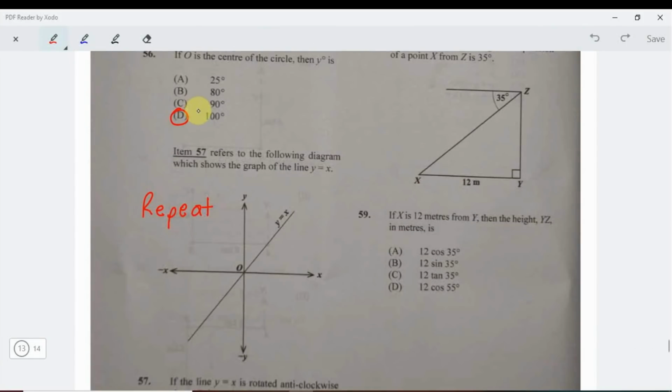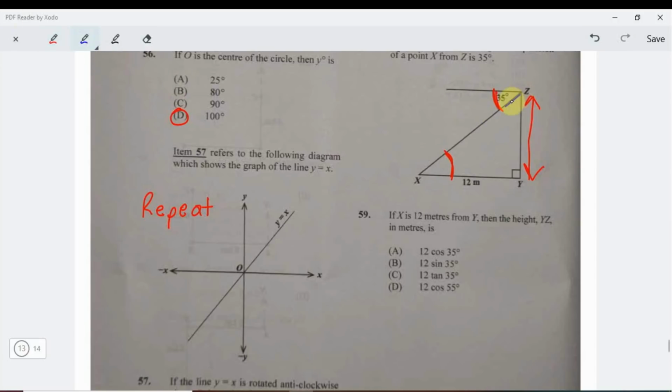Question 59 is trigonometry, and it says if X is 12 meters from Y, then the height YZ in meters is... So the height YZ, this side right here. First thing is we need an angle inside the triangle, right? Now if this angle is 35, then this angle down here should also be 35 by Z angles.